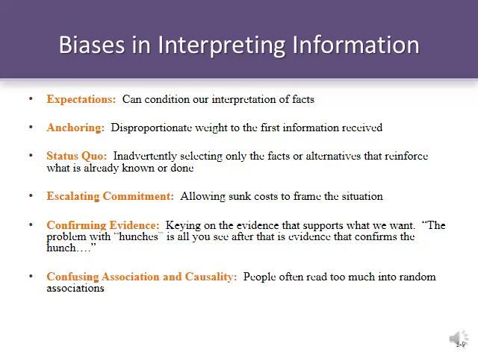And then there is this problem of confusing association and causality. People often read way too much into random associations, and they think that just because two things are correlated and moving in sync with each other, one causes the other. But as anyone who studied math and science or just has common sense knows, often there is a third factor, something causing both that you haven't identified at all.